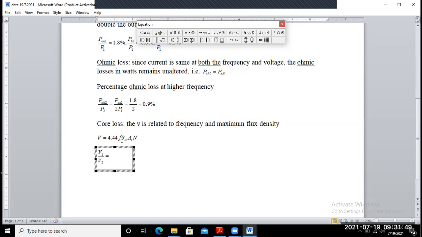So in the numerator we have f1 Bm1, and in the denominator f2 Bm2.